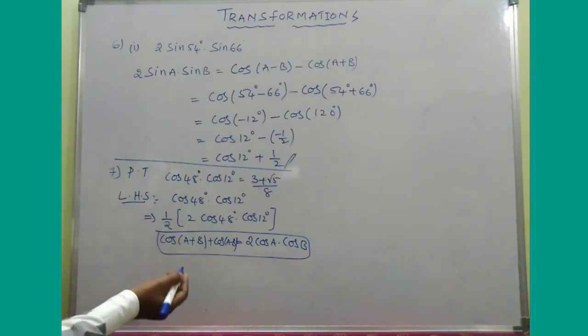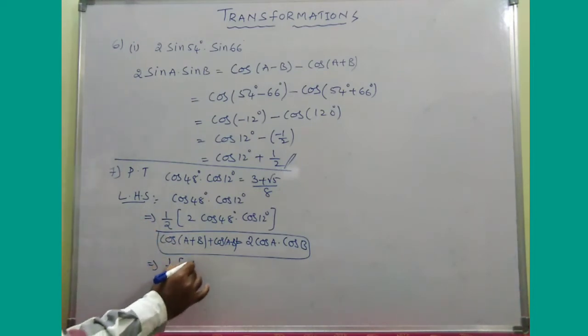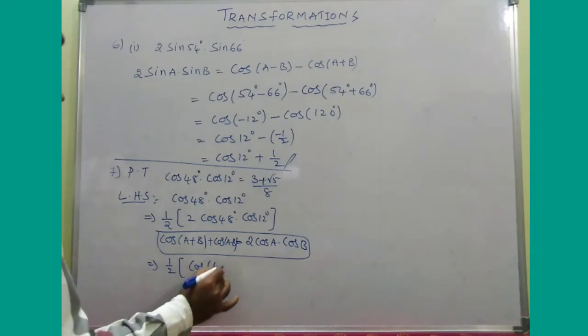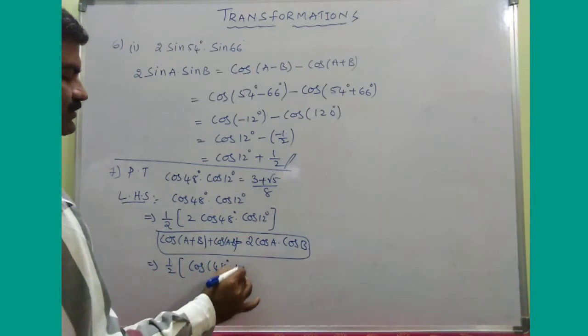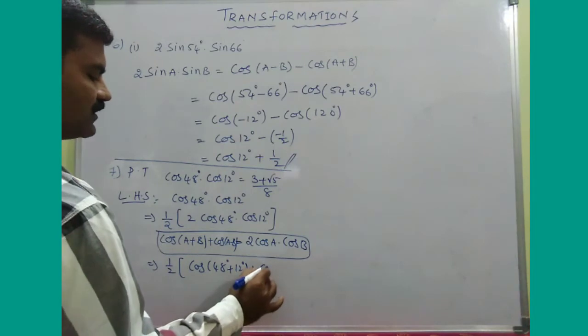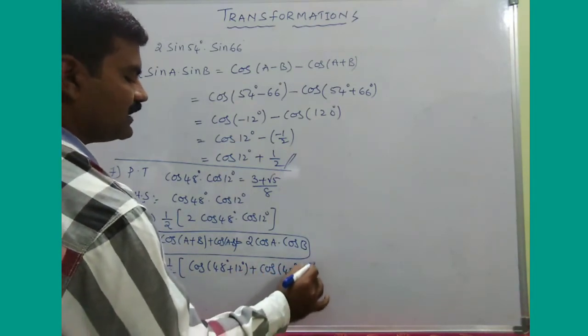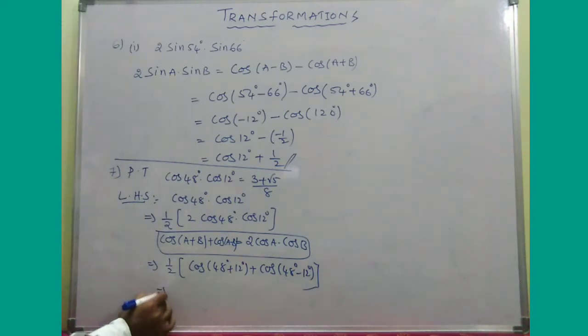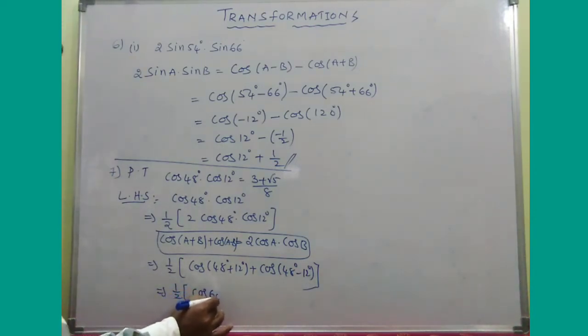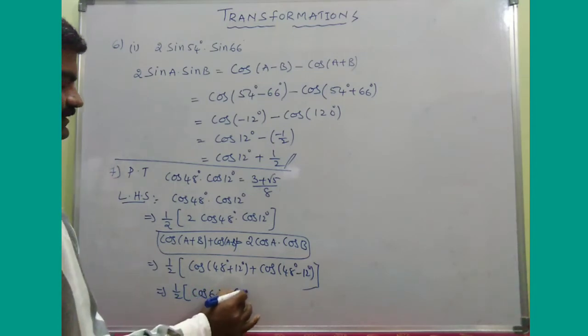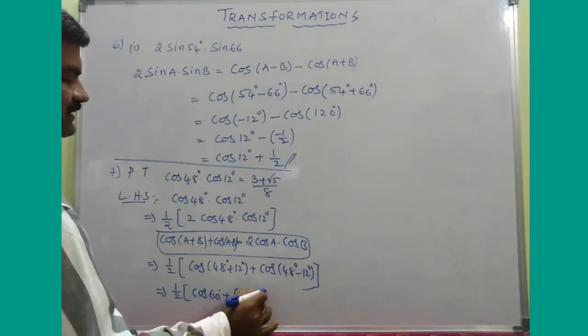So according to that, half into cos of (A plus B), 48 plus 12, and plus cos of (A minus B), which is 48 minus 12, can be written as cos 60 degrees plus cos 36 degrees.